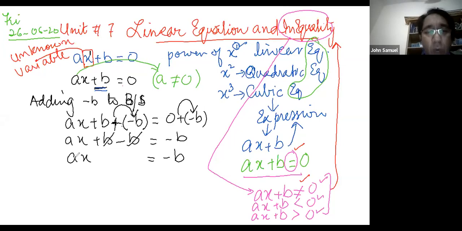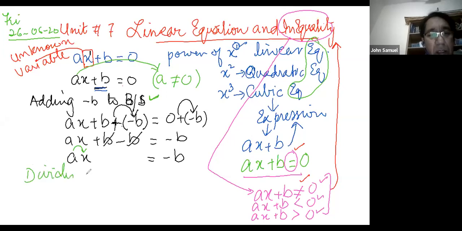Now what to do? As a is multiplying x, we will take a to the other side. We'll use the multiplicative inverse property. Here we have used the additive property. Now the multiplicative property. We'll write dividing, as it is already multiplying with x, so we'll write the opposite of it, and the opposite of it is dividing.